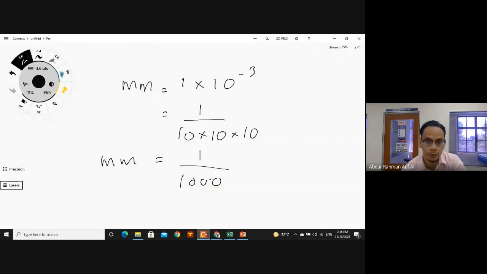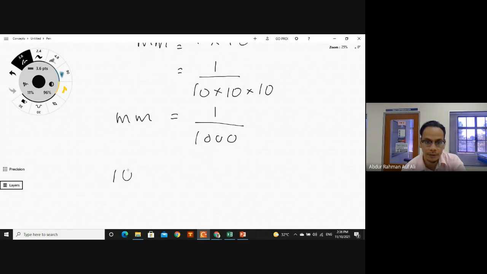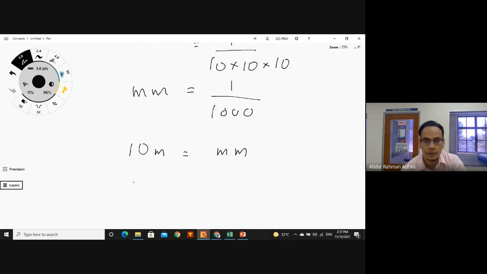Millimeter equals 1/1000. So if you have 10 meters and want to convert to millimeters, you write it back like this: 10 meter, 1/1000 meter. This is milli here.